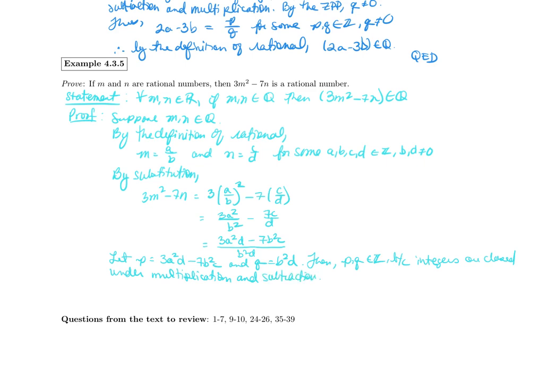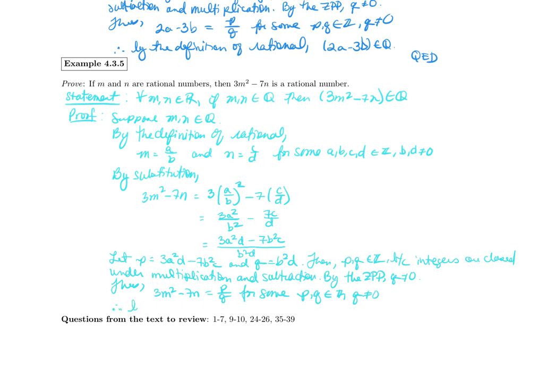So we know that our integers are closed under multiplication and subtraction, and we know by the ZPP that Q doesn't equal 0 because it is B times D, and we already stated that B and D are not 0. So thus, we have that 3m squared minus 7n equals P over Q for some P and Q that are integers, and Q doesn't equal 0, and therefore, that is our definition of rational.